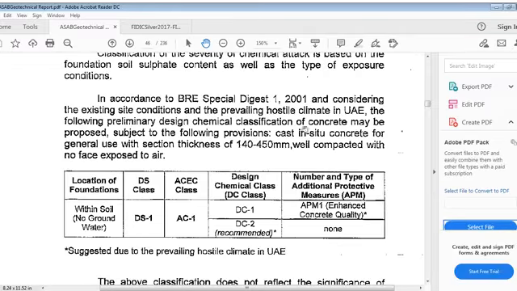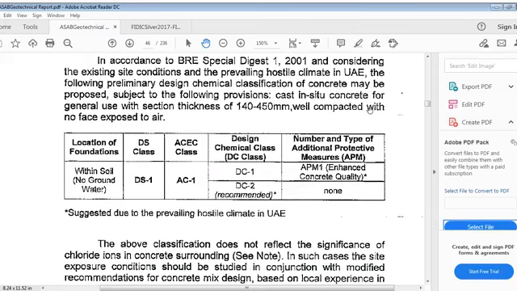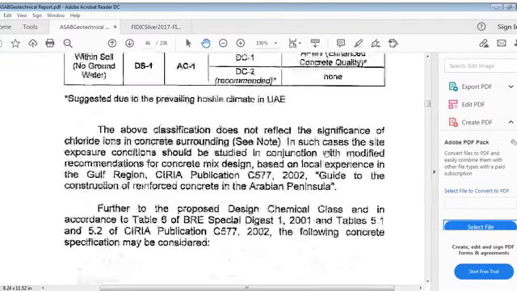preliminary design chemical classification for concrete may be proposed, subject to the following provisions: cast in situ concrete for general use with section thickness 140 to 450 mm, well compacted with no face exposed to concrete. Now it's within soil, no groundwater, location of foundation, there's no water. DS class is DS1, ACS class is AC1, design chemical DC1 and DC2, number of types of additional protective measures APM, etc. are all given there.